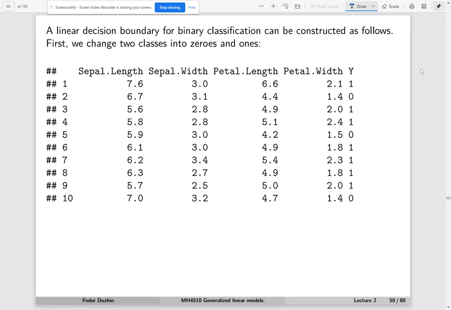If we change our 2 classes into zeros and ones, we can fit a linear regression, which I'm going to denote L of x. These ones and zeros are numeric values, and we are going to fit a linear model that approximates these ones and zeros.